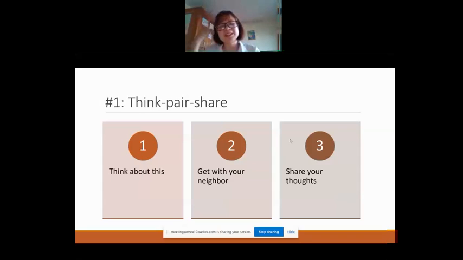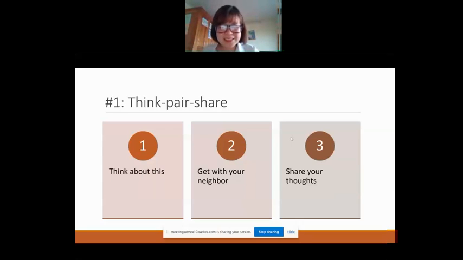It is a fact that some students feel safer and more relaxed when talking in small groups rather than having to speak in front of the entire class. So the think pair share activity gives them the opportunity to feel more comfortable sharing their ideas, sharing their thoughts.